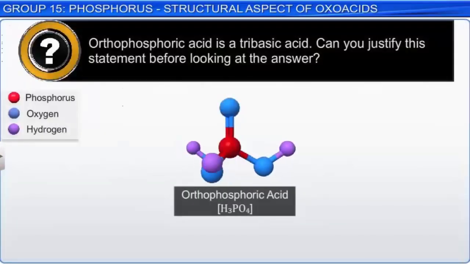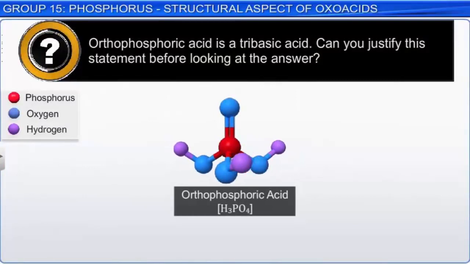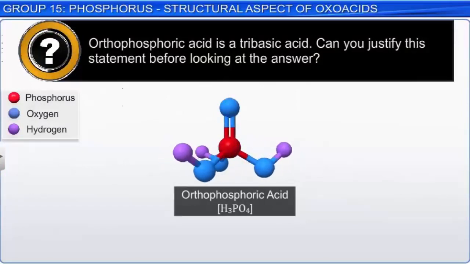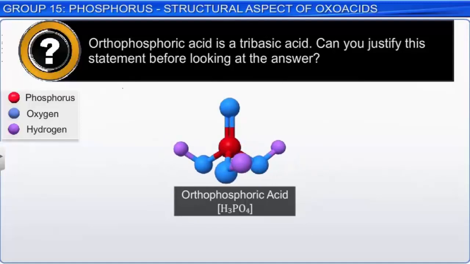Orthophosphoric acid is a tribasic acid. Can you justify this statement before looking at the answer? You know that only the hydrogen atoms that are attached to oxygen in P-OH bonds are ionizable and impart acidic nature to the compound.